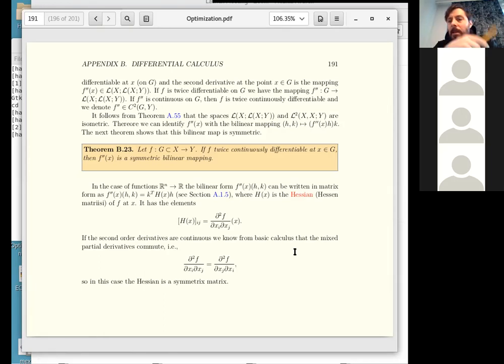Okay, so this may be known to you, and the Hessian's components are simply the second derivatives of this f. You take the partial derivative with respect to each of the components x1 to xn, and so in your matrix, entry ij is simply the derivative with respect to xi, and then a partial derivative of that with respect to xj.